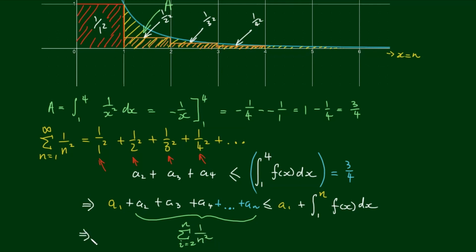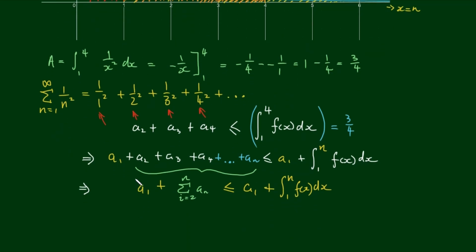So on the next line, a1 plus the sum from i equals 2 to n of 1 over n squared is less than or equal to a1 plus the integral from 1 to n of 1 over x squared with respect to x. And we'll write this in more general terms, as the sum from i equals 2 to n of a sub i, and more generally the integral as f of x.